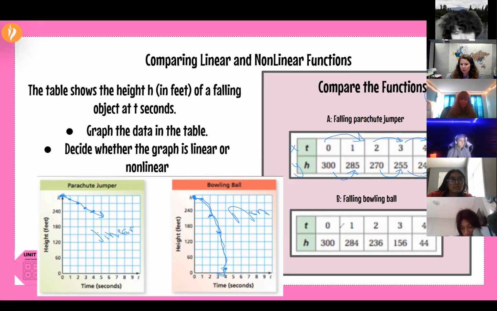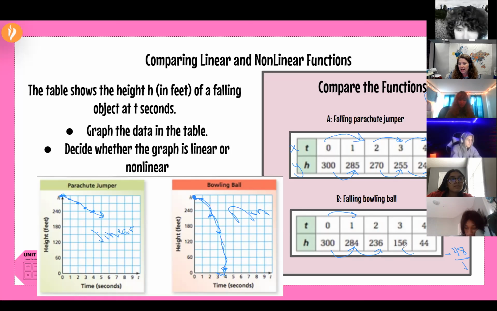However, let's look at the bowling ball scenario. What's the difference between 300 and 284? Well, that would be minus 16 over 1. All right, what about 284 and 236? Using my calculator, 284 minus 236 is a difference of 48, so minus 48 over 1.